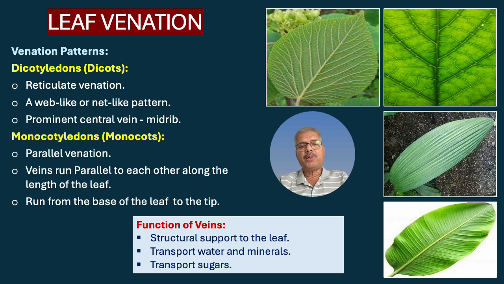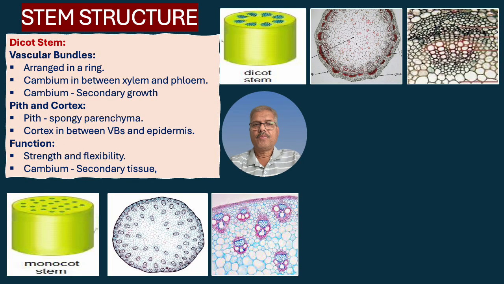Often there is a prominent central vein called the midrib, from which the smaller veins branch out. In monocotyledons, they exhibit parallel venation. This means the veins run parallel to each other along the length of the leaf. These veins may be relatively straight and run from the base of the leaf to the tip of the leaf.